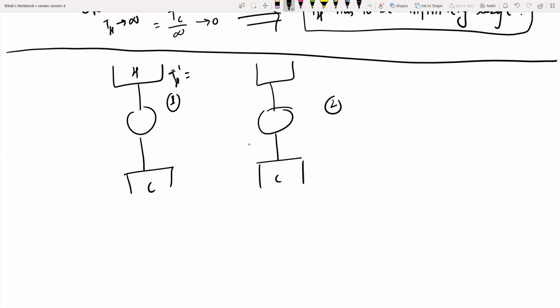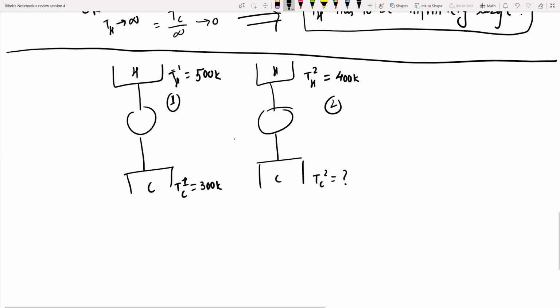So this has a hot temperature TH1 of 500 Kelvin. The cold reservoir temperature TC1 is 300 Kelvin, and this one has TH2 of 400 Kelvin. We don't know what TC2 is. We need to calculate that.